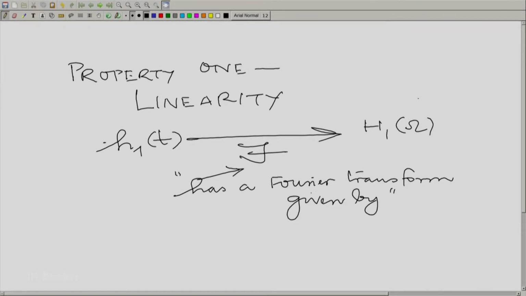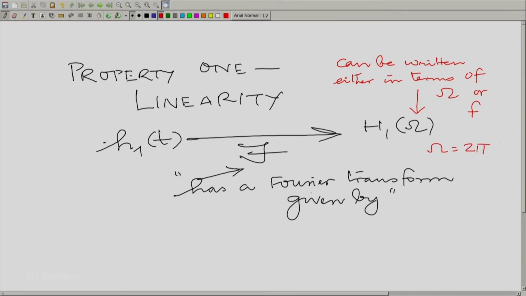Now, remember, you could write the Fourier transform either in terms of omega or in terms of f, in terms of the angular frequency or the cycles per second frequency. And of course, omega is equal to 2 pi f. Either way, we would have the same properties. The properties do not change essentially.